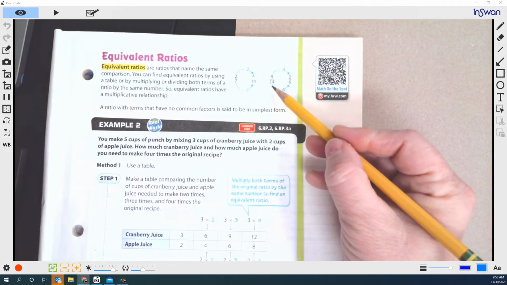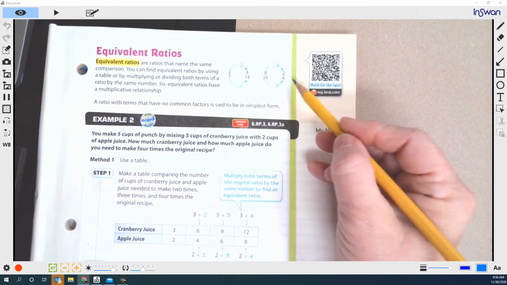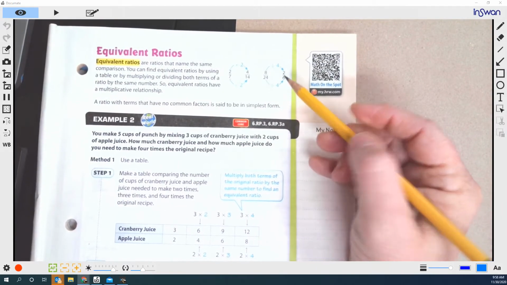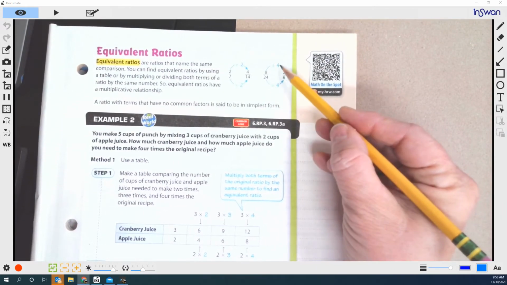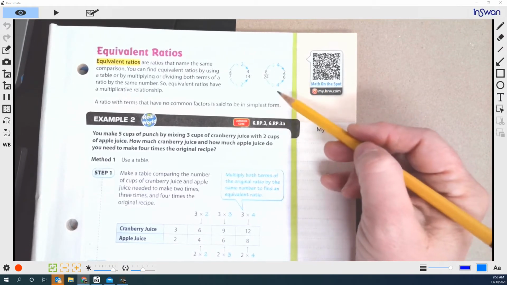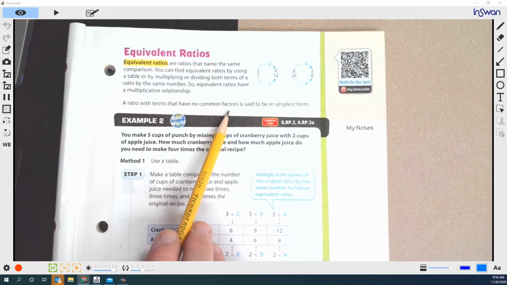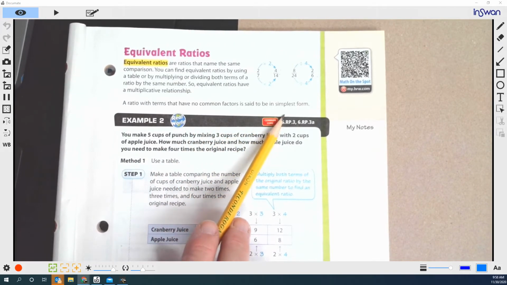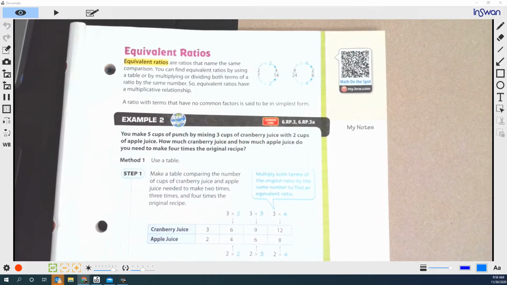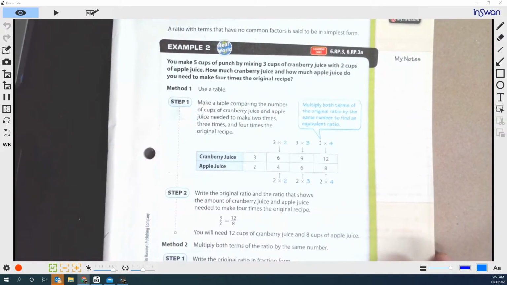The same is true for 8/24. It can be reduced to 2/6 by dividing both the top and the bottom by 4. A ratio with terms that have no common factor is said to be in simplest form. Just like we were talking about simplifying fractions, you can do the same with ratios.